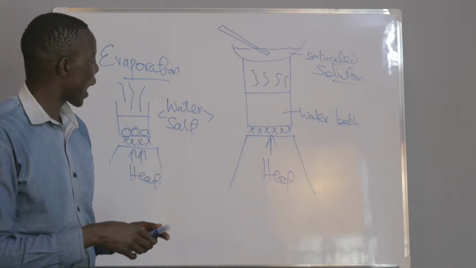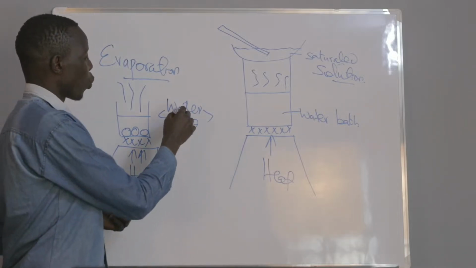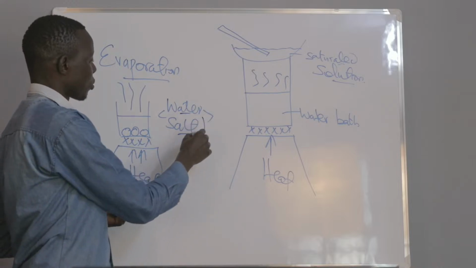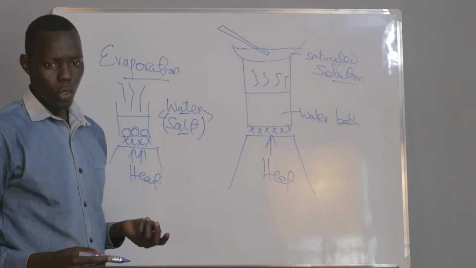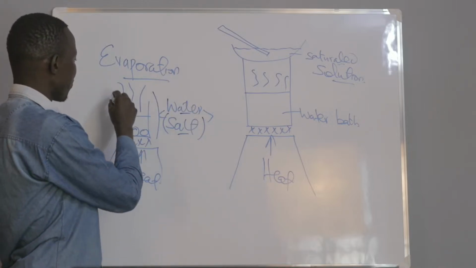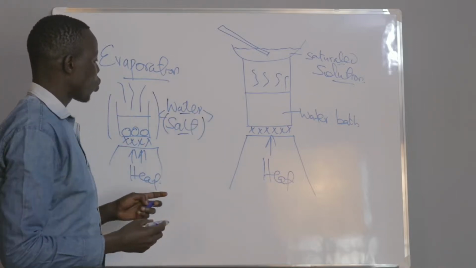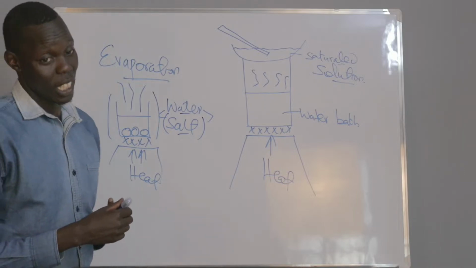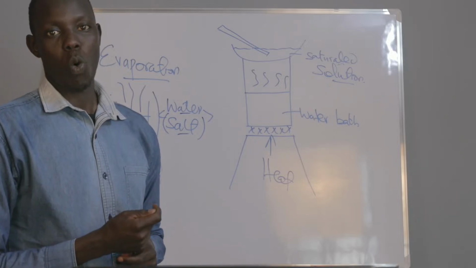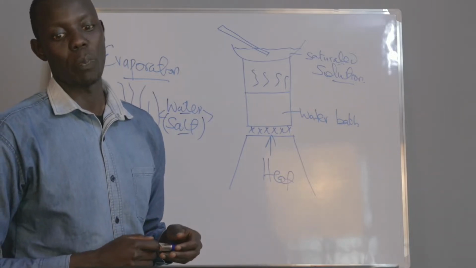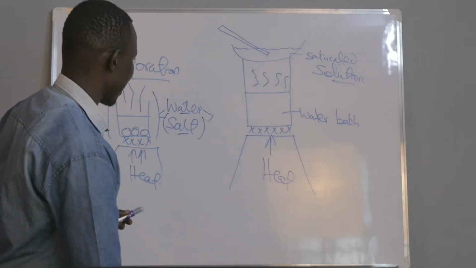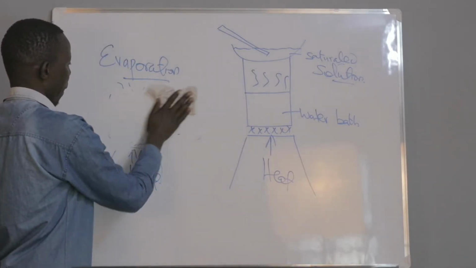If I say how to obtain the salt, where the water will go, I don't want to know. For that you can apply evaporation, but separating water from salt means you must use a technique whereby both are obtained, and we call it simple distillation, like the one shown here.